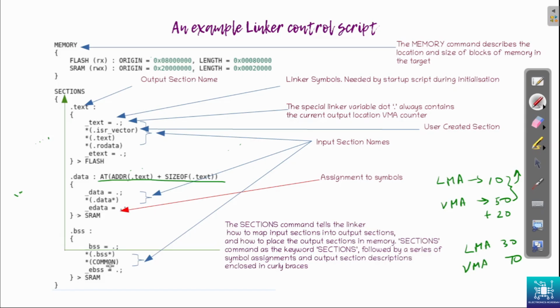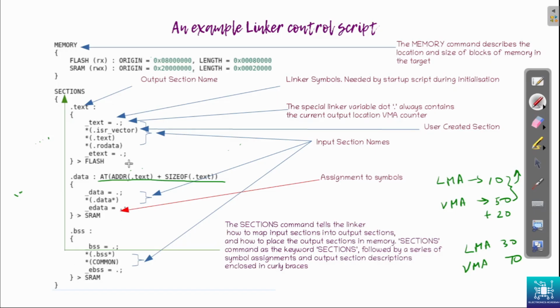And again, these are two variables which we will be using in our startup script. As we saw, these variables are declared as external variables in the startup script, and when we use them, the values are filled in by the linker in those places.